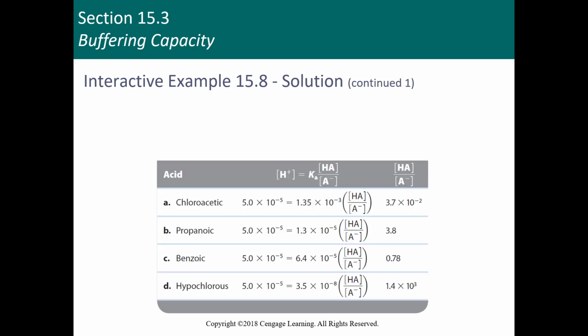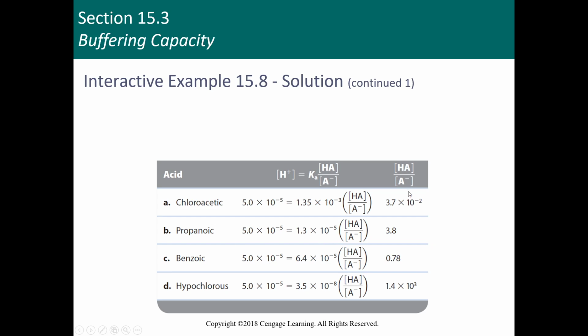And so we compare that to our Ka values here, and we see that this right here gives us a value very, very close to 1, doesn't it? This right here is very close to our 5 times 10 to the negative fifth.